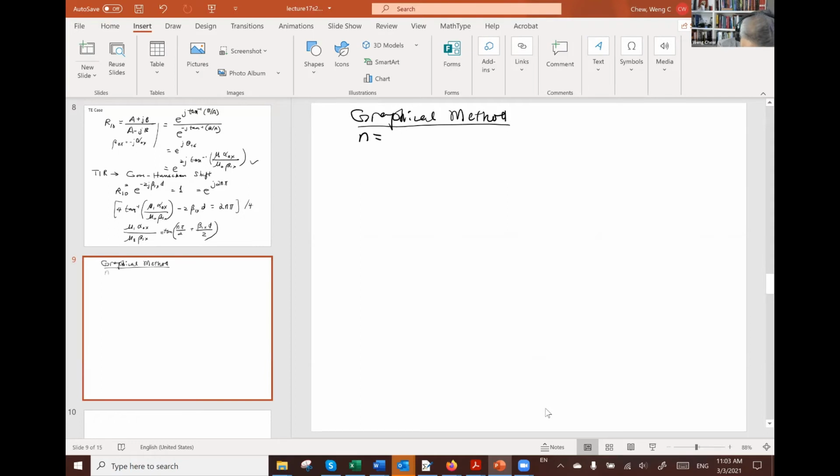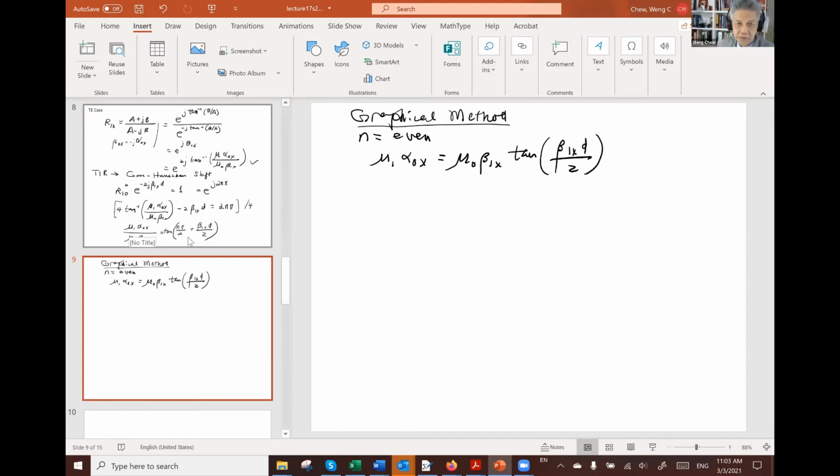So when n is even, the transcendental equation that I have becomes something like mu1 alpha of 0x is mu0 beta 1x tangent of beta 1x d over 2. Okay, and this thing just disappears.